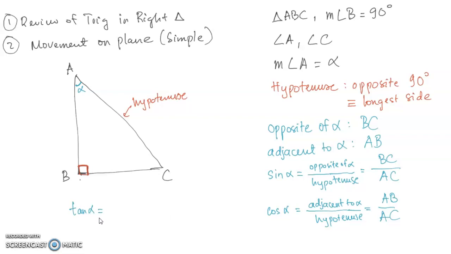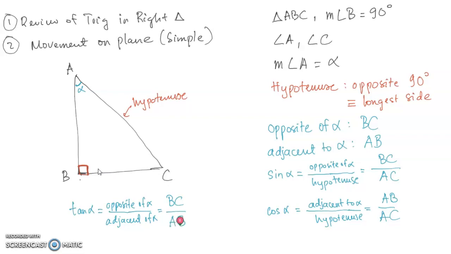So tangent of alpha equals opposite divided by adjacent. Opposite of alpha is BC, divided by adjacent of alpha, which is AB.